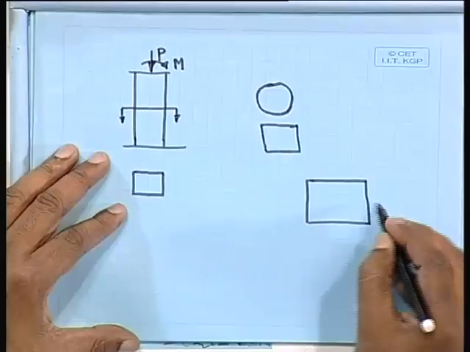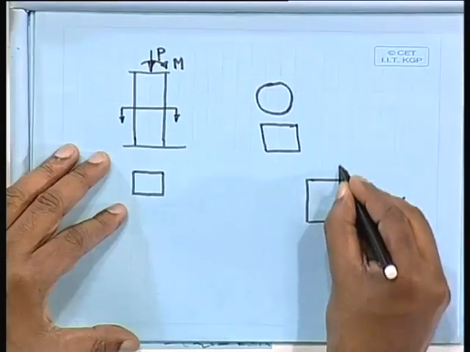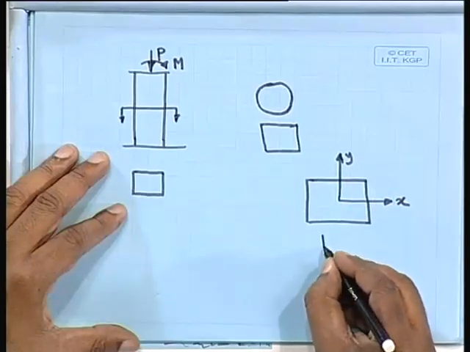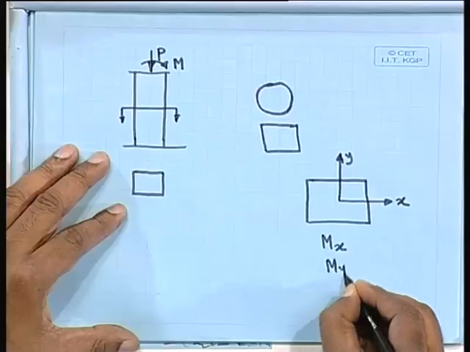So, if this is your section, obviously this is your x axis and this is your y axis. Now, people used to say Mx, people used to say My.